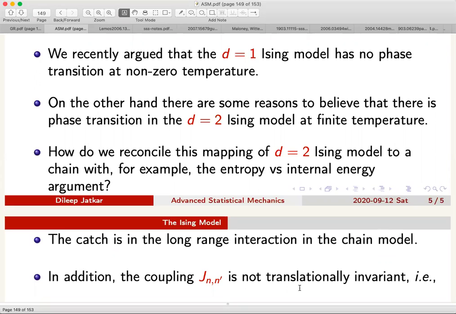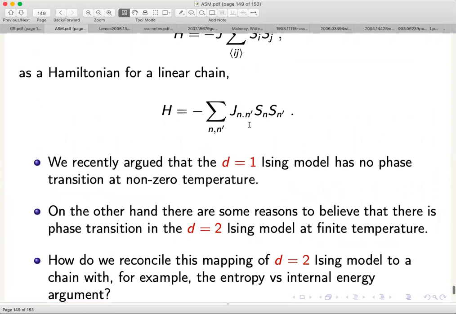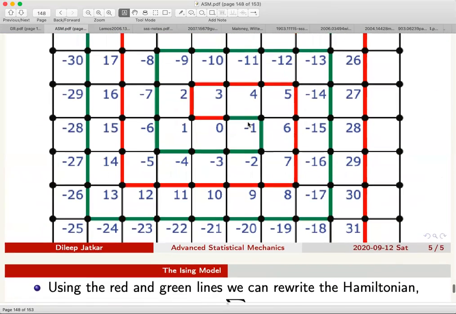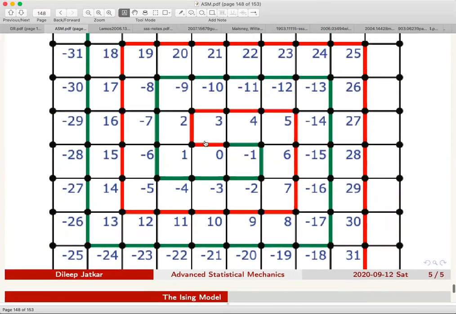In addition to that, we also find that the interaction J_{n n'} is not translationally invariant. So, for example, if there is an interaction between 1 and -6, there is no interaction between -5 and 0, or -5 and 2.